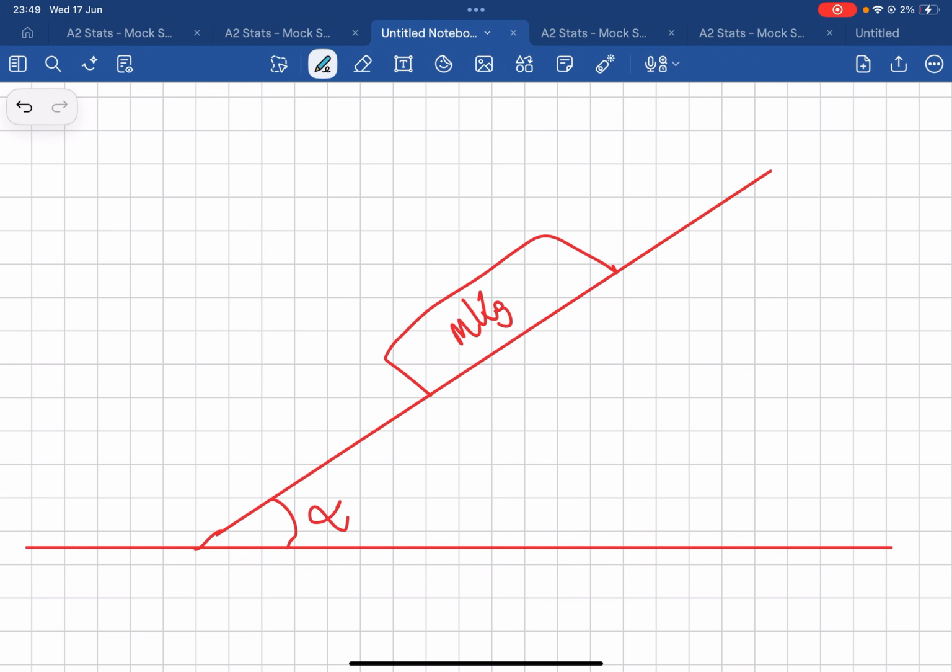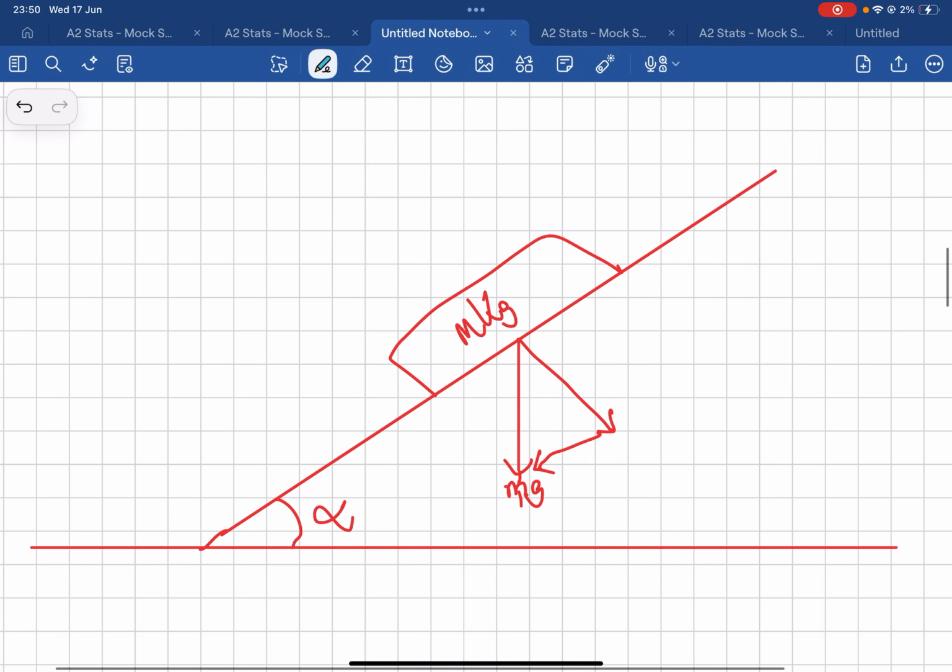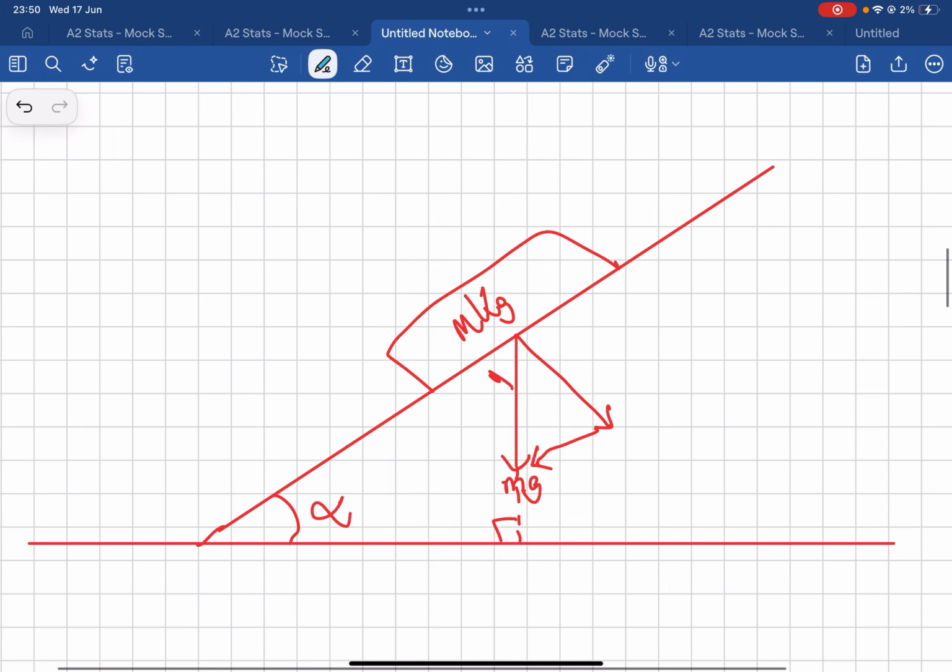Now if you resolve the forces around this box, we've got weight acting downwards, and we can resolve the components of weight. So we know that this angle here is 90 minus alpha.